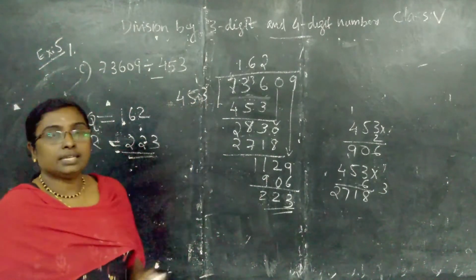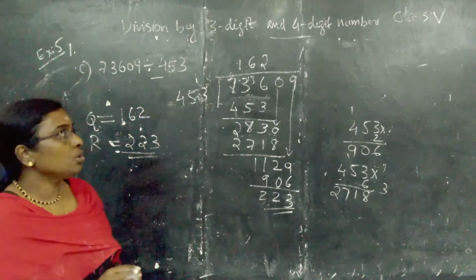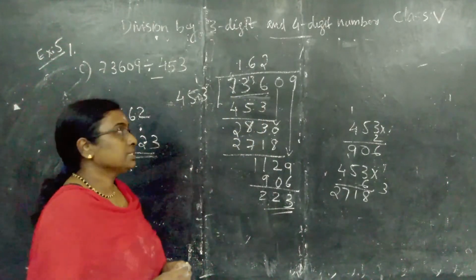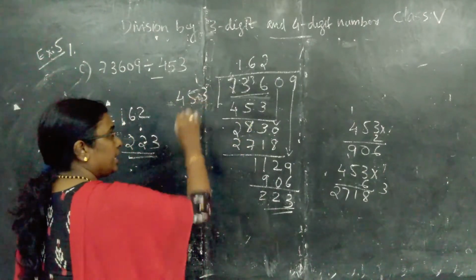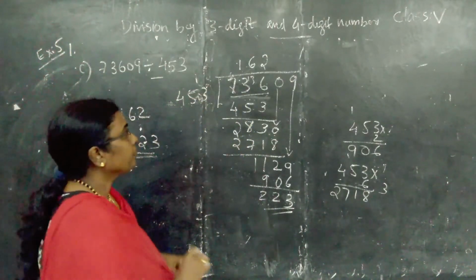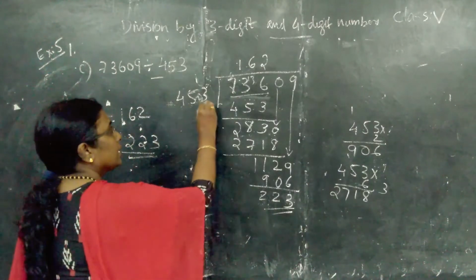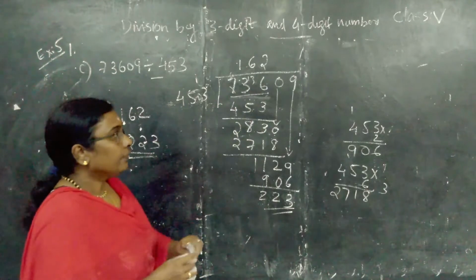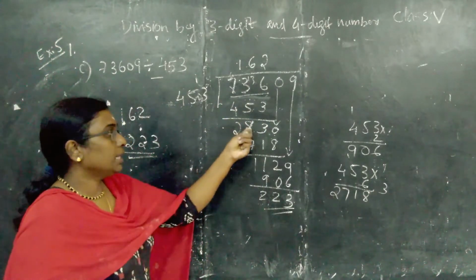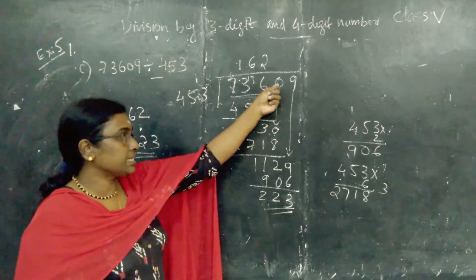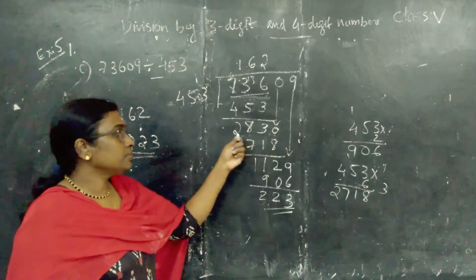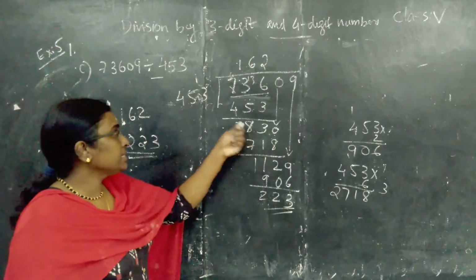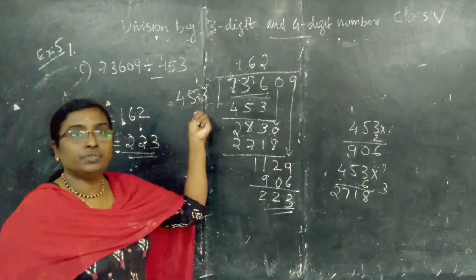Okay. Once again, here the divisor consists of 3 digits. So we take the first 3 digits, 736. Now divide 736 by 453. How many times does 453 go into this number? One time, 453. Then subtract, we get 283. Then write down the next digit here, 0. The new dividend becomes 2830. Now divide this number by 453.